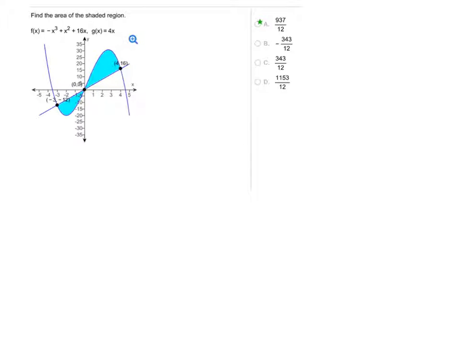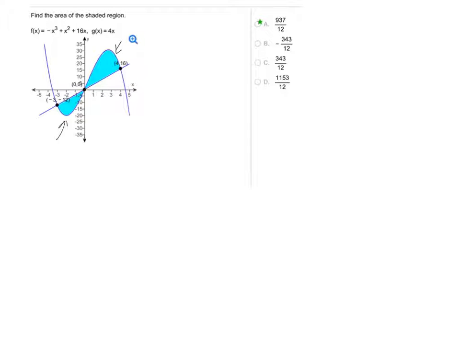Now this one, we're still finding the area under the curve. Since we want to find the area of the shaded region, we're going to do this in parts, because normally this part is negative because it's underneath the x-axis, and this part up here is positive.